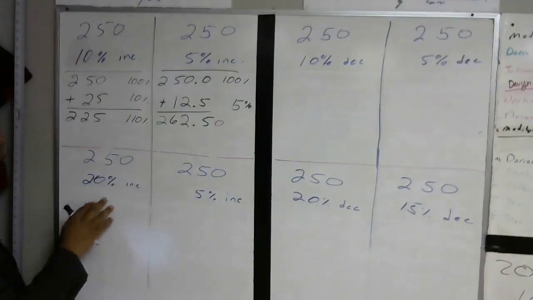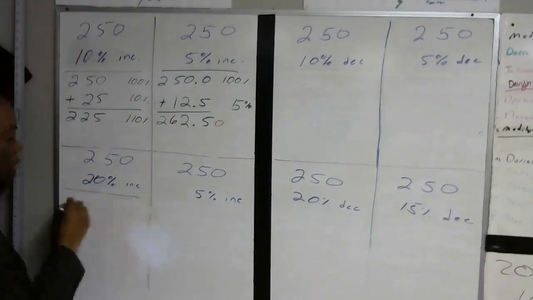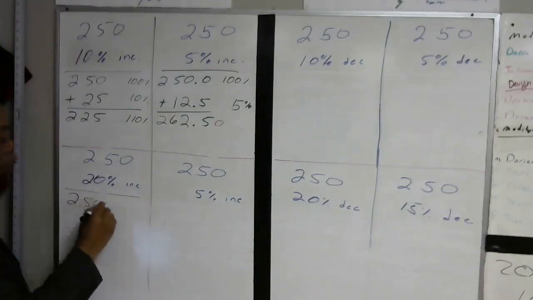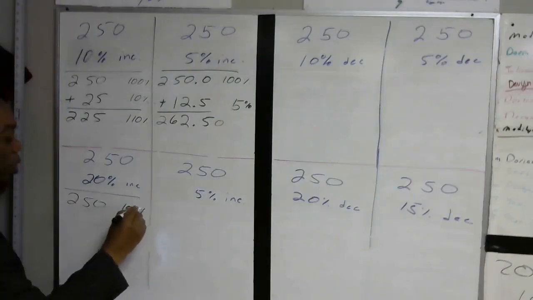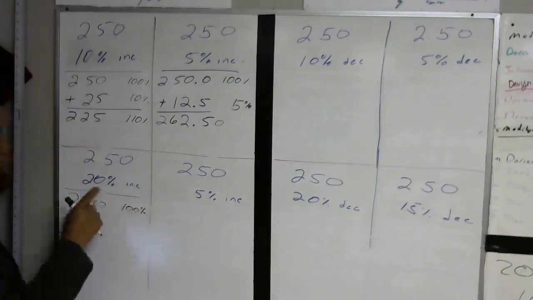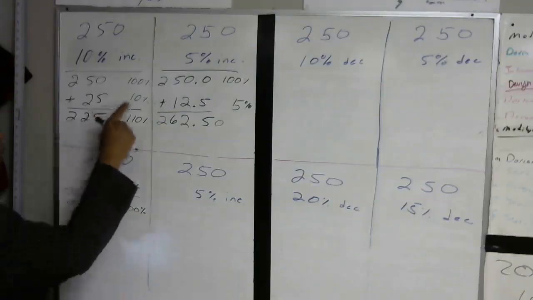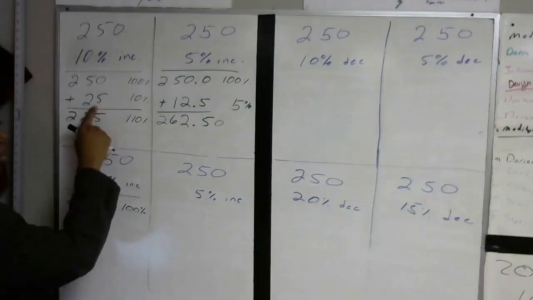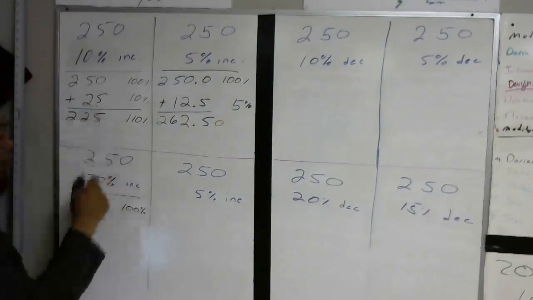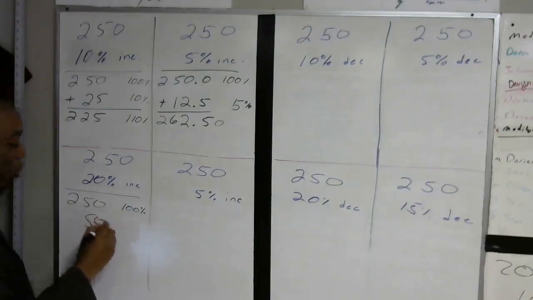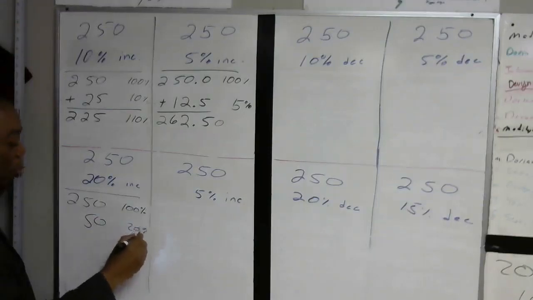Now for the 20% increase. We start off with the 250, which represents 100%. To find 20%, we go back to our 10%, which is 25, and we multiply this by 2, or double it. If you multiply 25 by 2, you'll get 50. So 50 represents 20%.